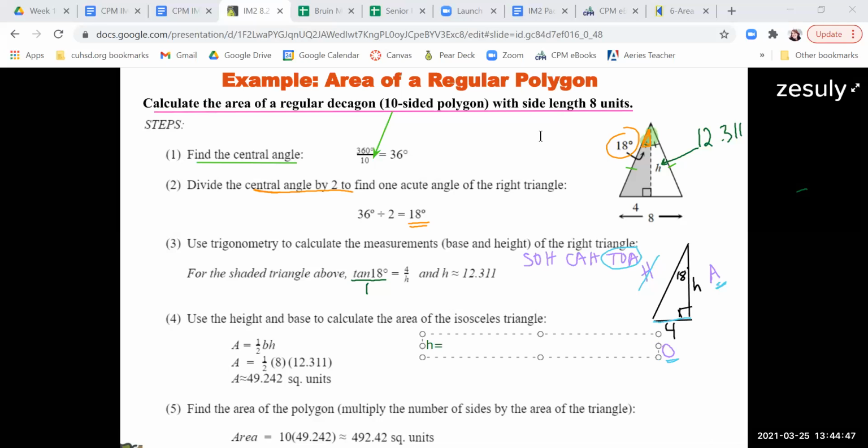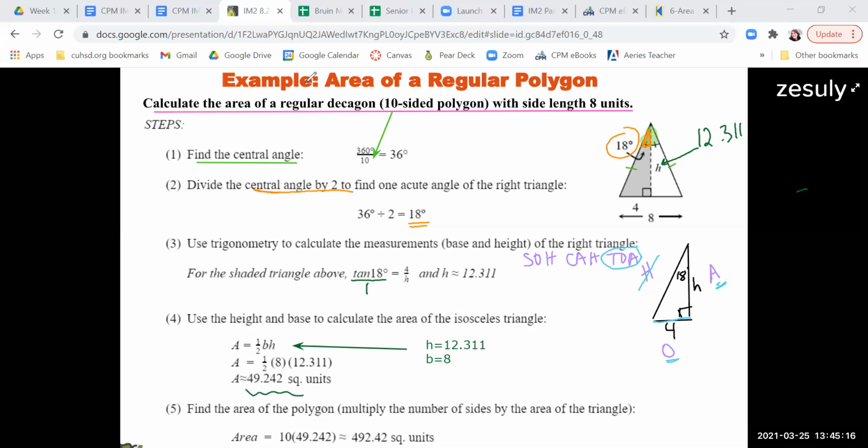We already knew that the base of the original figure was 8. So those are the numbers that get plugged into the area formula for the triangle. And we find that the area of the triangle is 49.242.